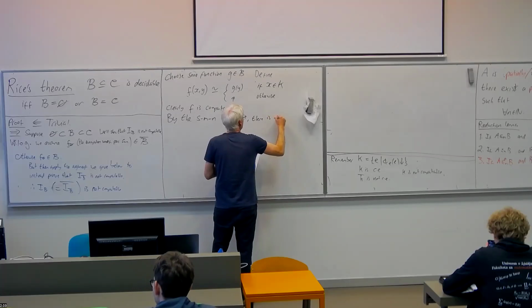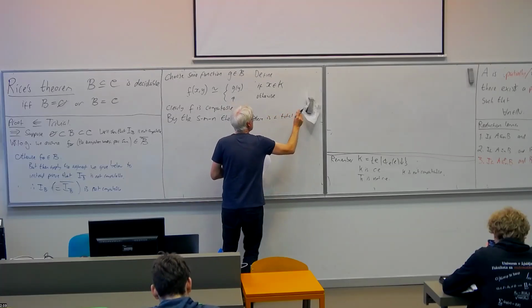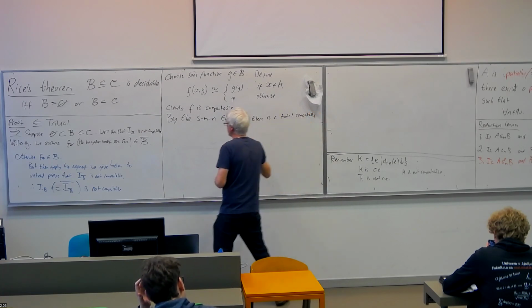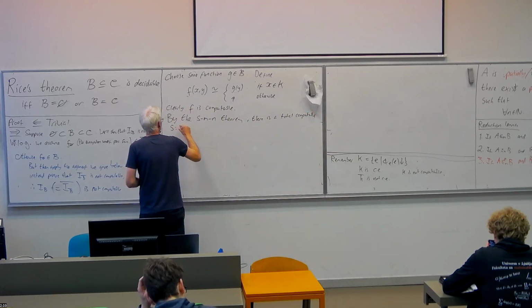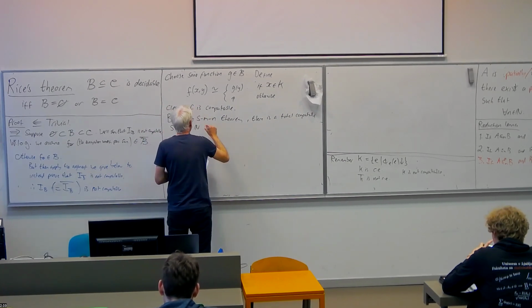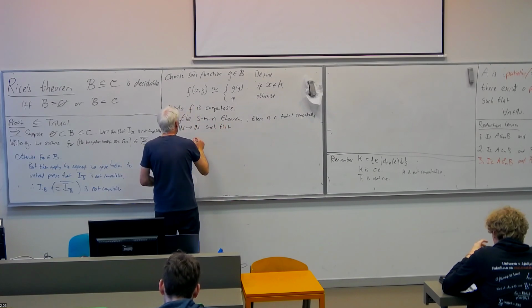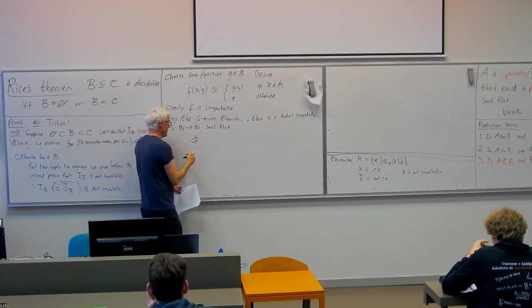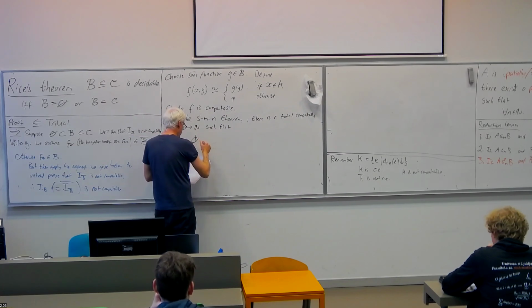there is a total computable S, that's a total function on natural numbers, guaranteed by the SMN theorem, such that, and remember the SMN theorem allows us to compute a two-argument function one at a time by putting the first argument into the index of the computable partial function.